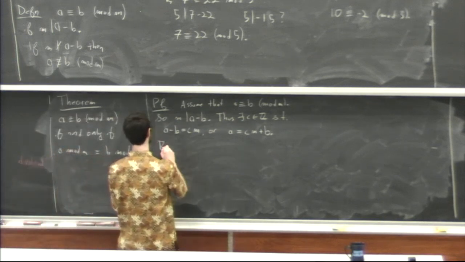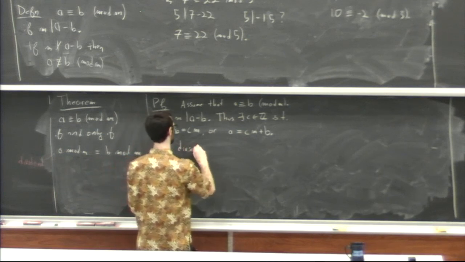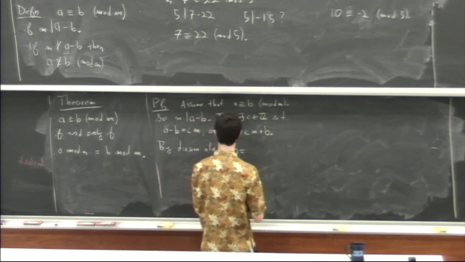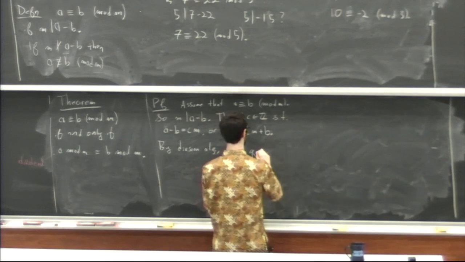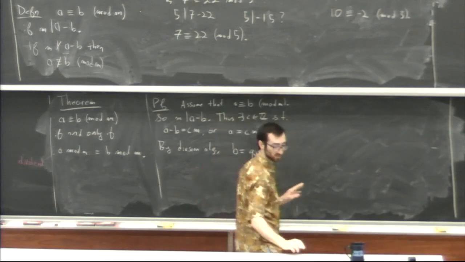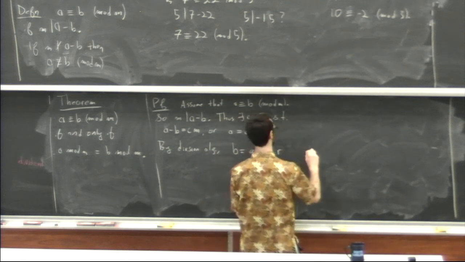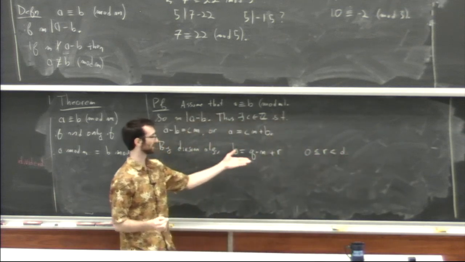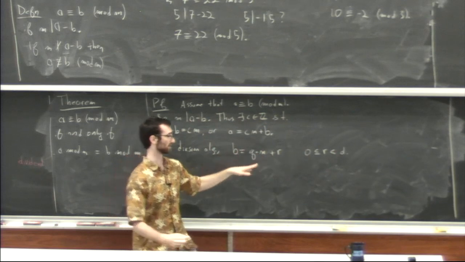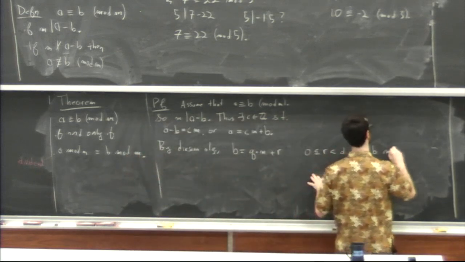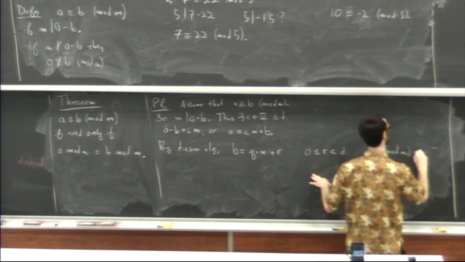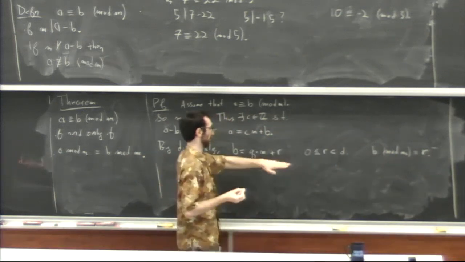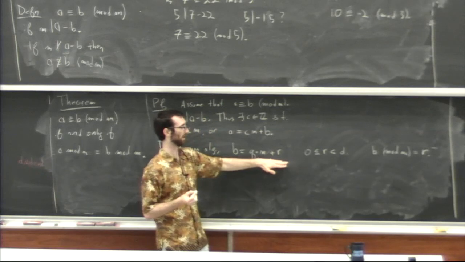So by the division algorithm, I can always write B is equal to Q, the quotient, times M, plus some R remainder, where 0 is less than or equal to R is less than M. I just get this by the division algorithm, and so in particular, B mod M is equal to R. Whatever R is, I know there's some R such that B mod M is equal to R, and it comes from a division algorithm equation of this type.